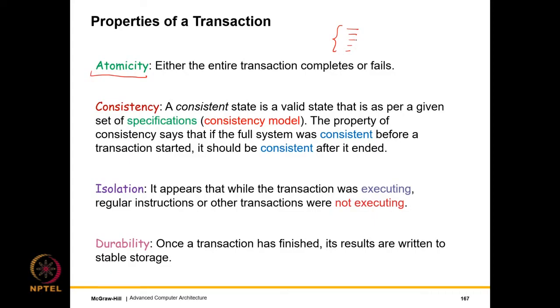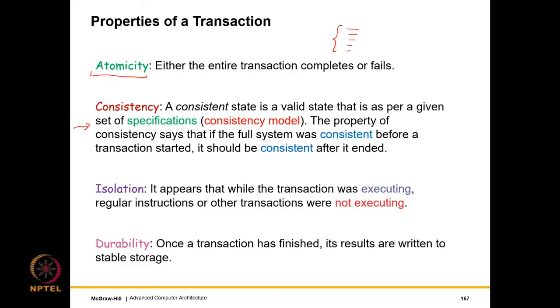So it's kind of the same thing as what atomicity is in the case of reads and writes. So basically, we can merge both by saying that the entire transaction appears to complete at some instant of time, right? At some instant of time, it appears to complete instantaneously, or it appears to have not started at all.